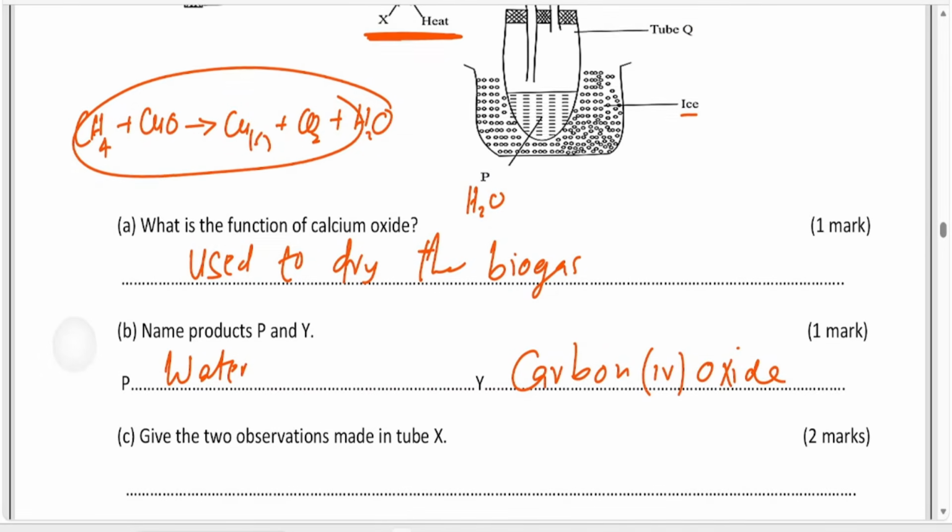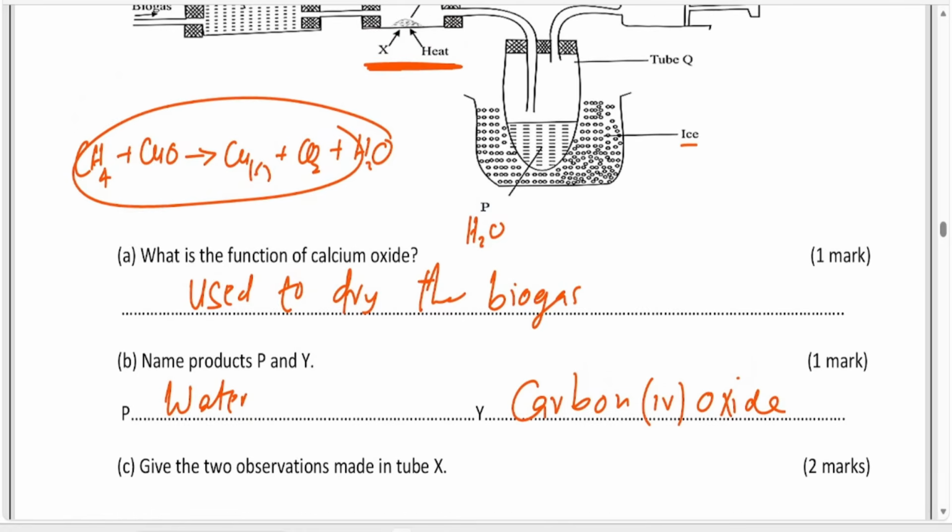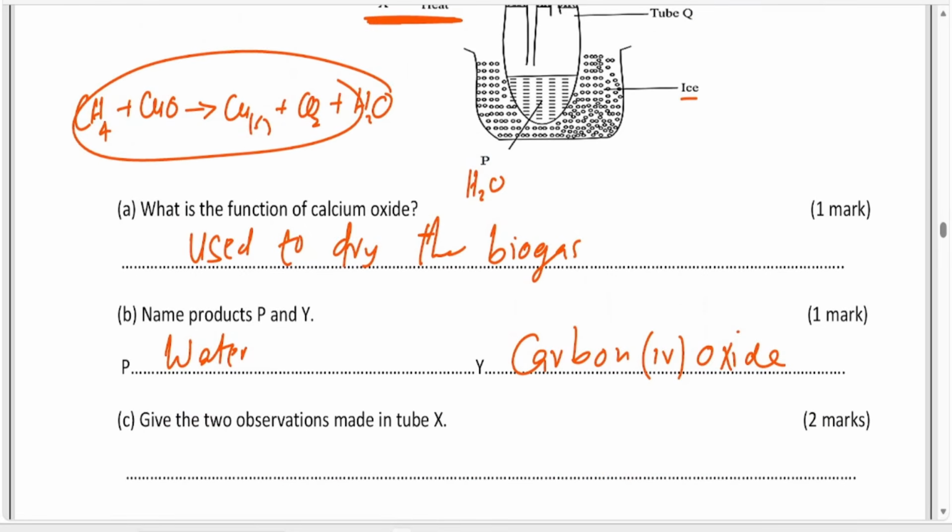Give the two observations made in tube X. The first observation is that you're going to see black solid change into brown, because copper 2 oxide is black, changes to brown copper solid. That is one observation.